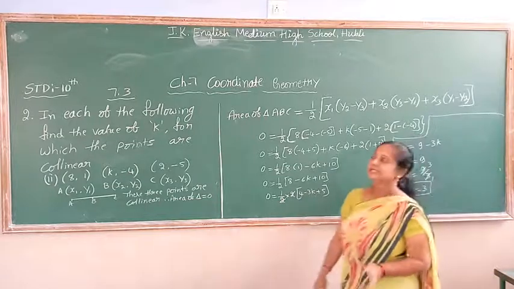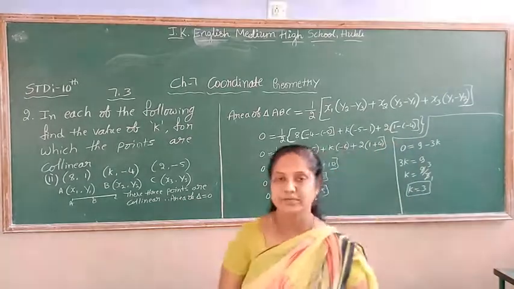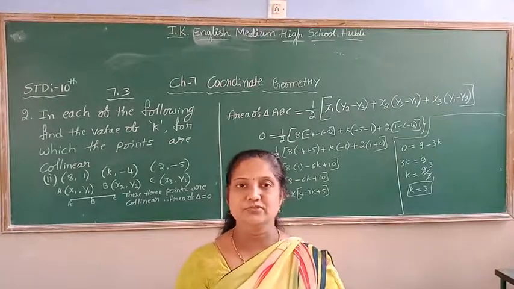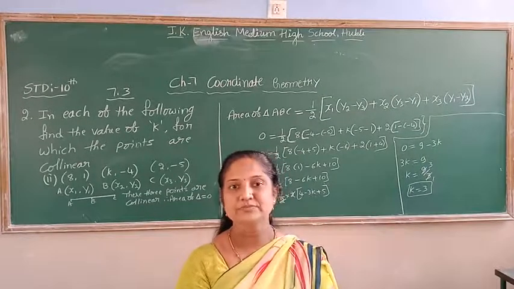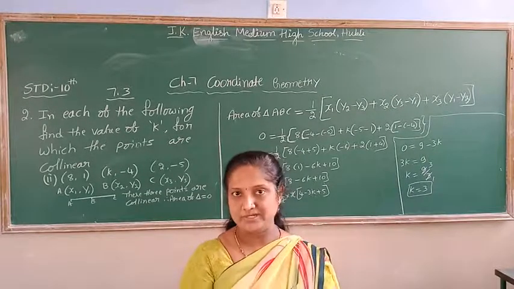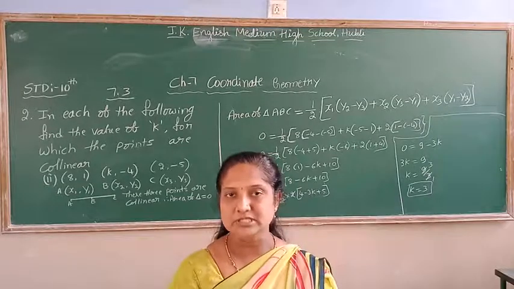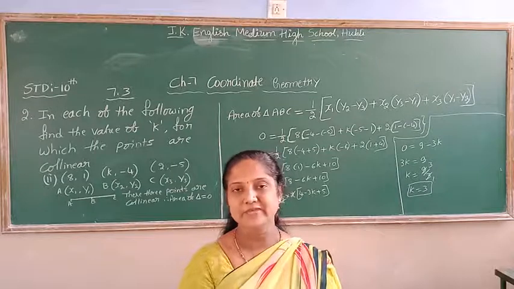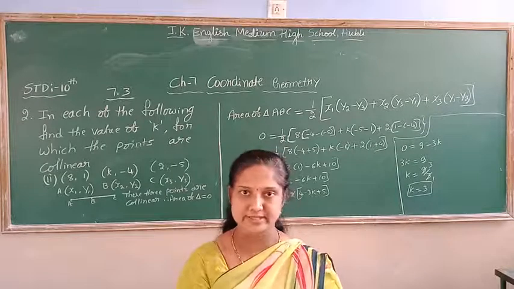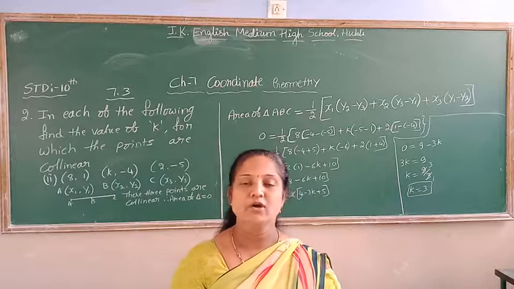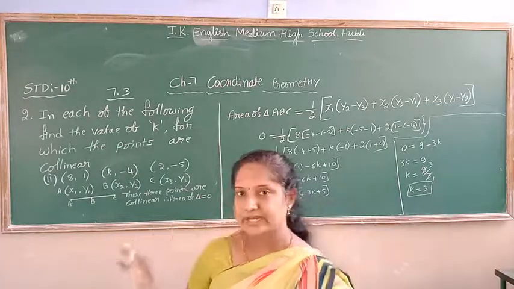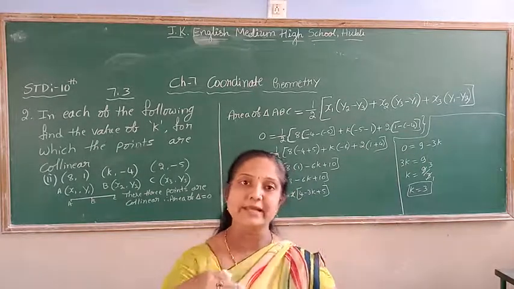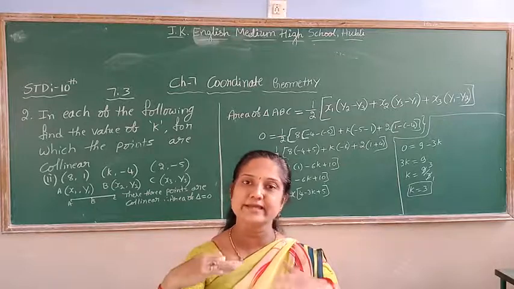Okay children? What I explained today depends on the area of triangle formula. In coordinate geometry, we can use an algebraic formula to find the area of triangle when they give you 3 vertices' coordinates. Here they mention all these 3 vertices' coordinates are lying on one line. Collinear means they are lying on one line.